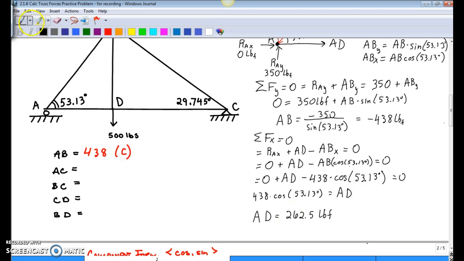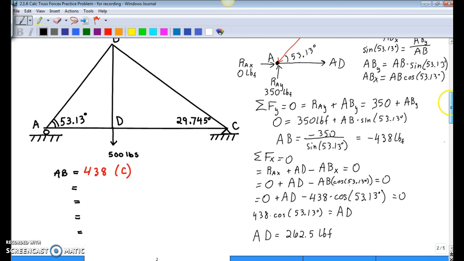So we go down to our AD. Let's see. I messed all those up. I forgot I hadn't updated this. So we have members AB, AD, BC, CD, and BD.